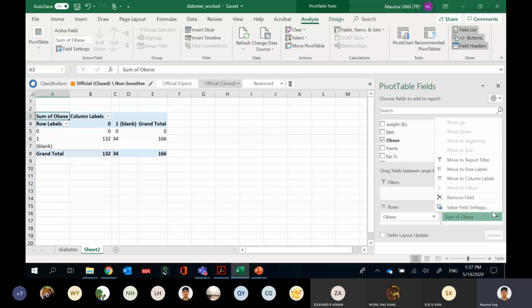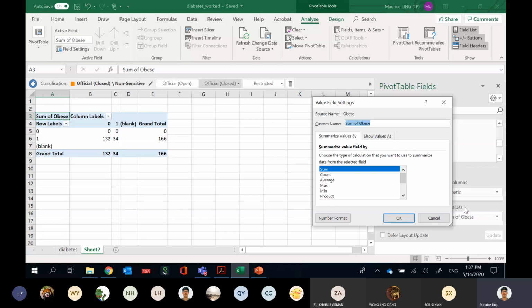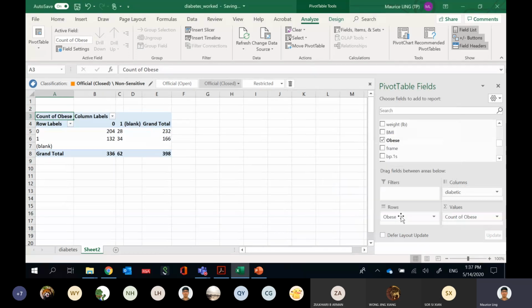Click on it. You can change the value field settings. Click on change value field settings. Then you choose count instead of sum. Then you click OK. All right. You managed to get these values already? Thank you. Okay. Good.